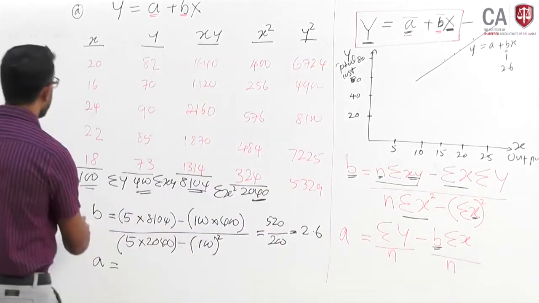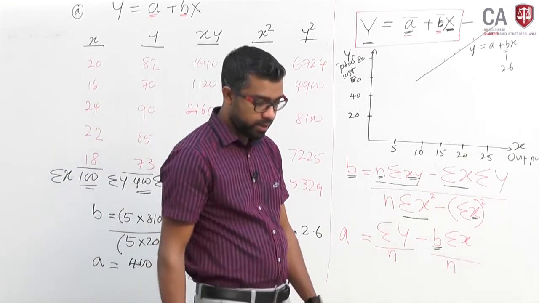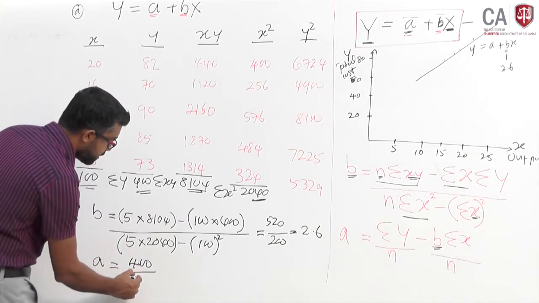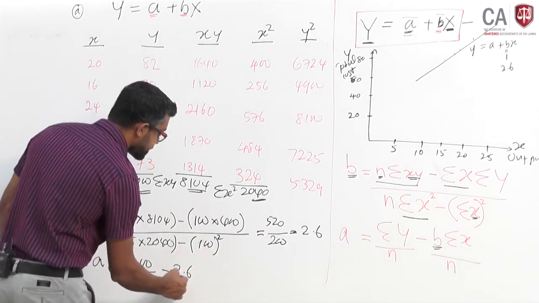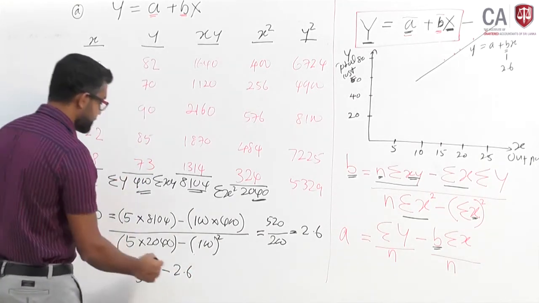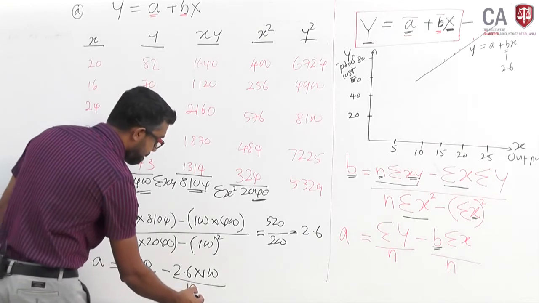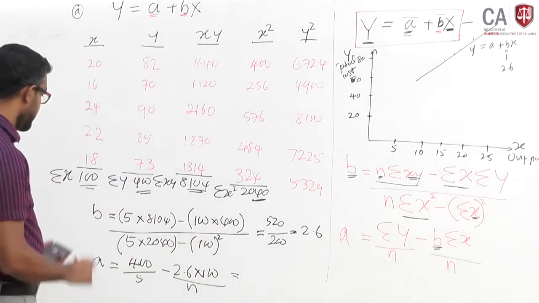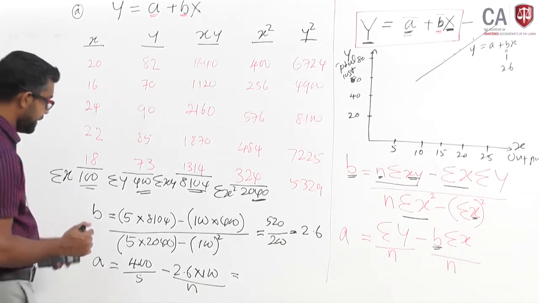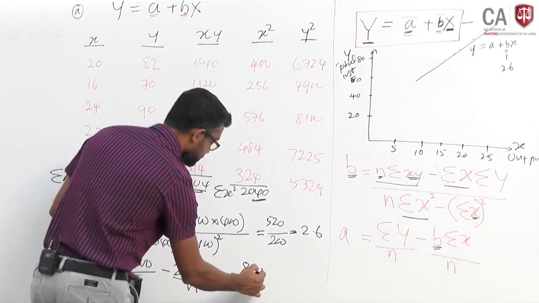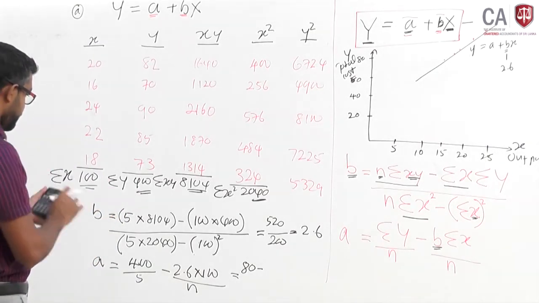Take the sum of y, 400, divided by 5, the number of variables, minus b, 2.6 that we have calculated, into the sum of x, 100, divided by n. 400 divided by 5 is 80, minus 2.6 into 100 divided by 5, which means 5.